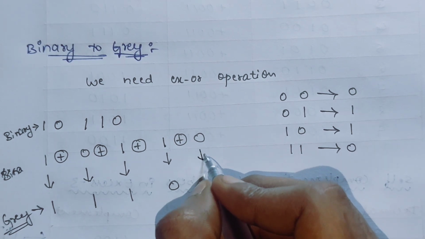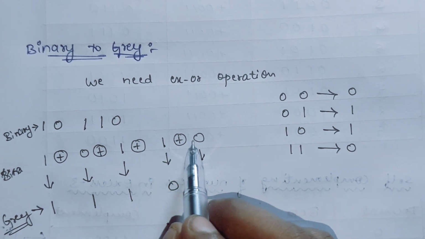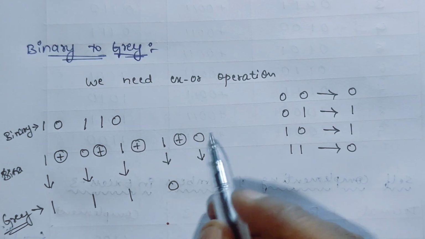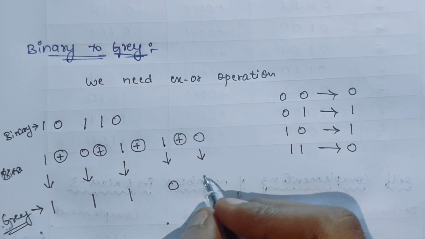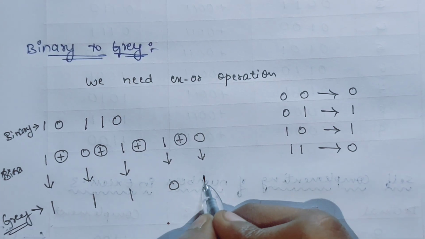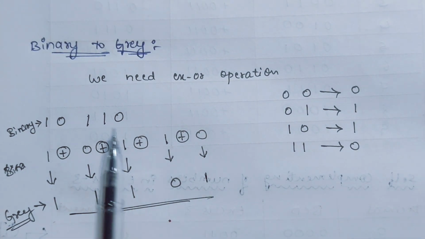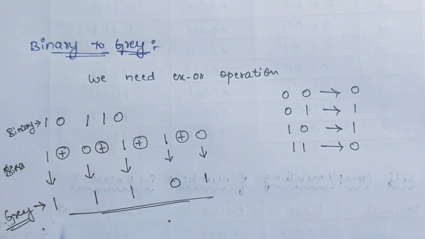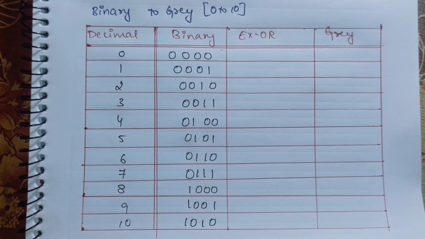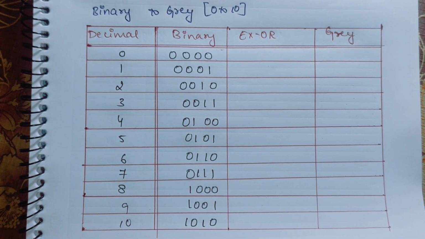Finally, we compare the fourth and fifth. These fourth and fifth digits differ, so we got 1. So this will be our gray code for 10110.